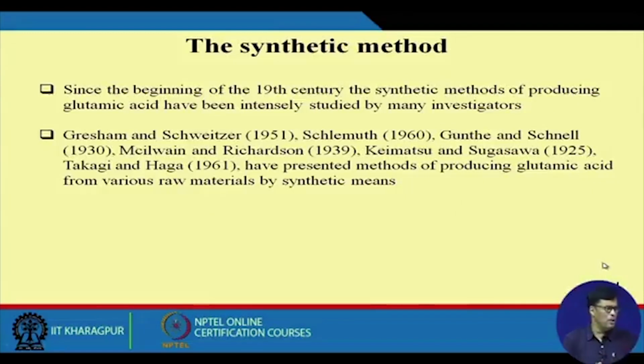So I can only give you a small idea about the chemical process, the synthetic process that is used by the industry. Since the beginning of the 19th century, synthetic methods of producing glutamic acid have been intensely studied by many investigators like Gresham and Selemoth and Gunthe.